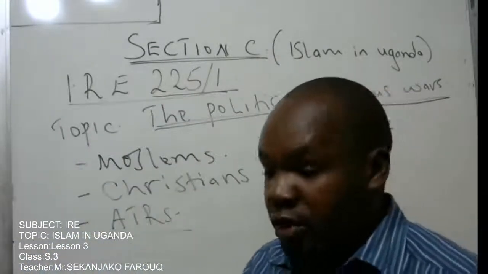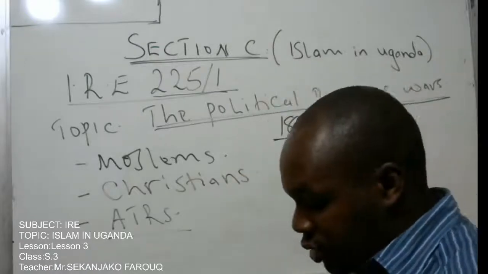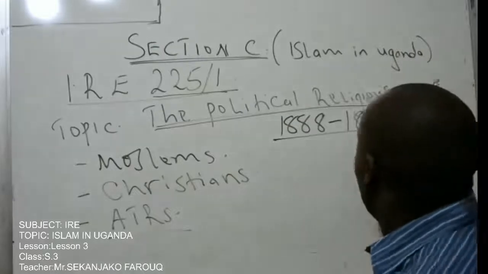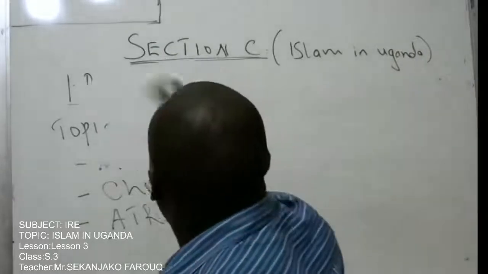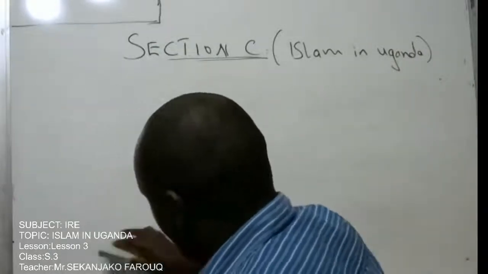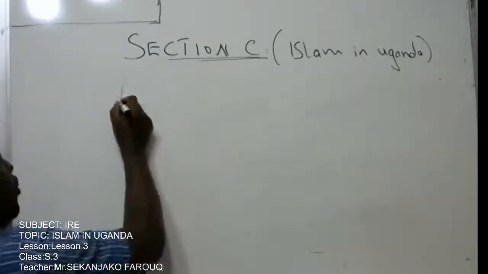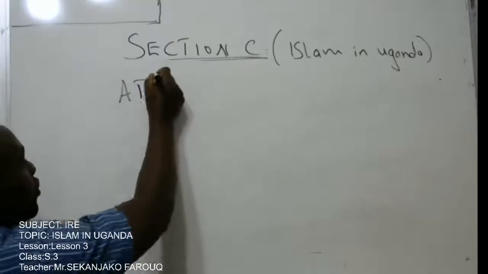As you may note, and you already know, before the coming of Islam in Uganda, the region was dominated by the traditionalists, or the religion called the African traditional religion.